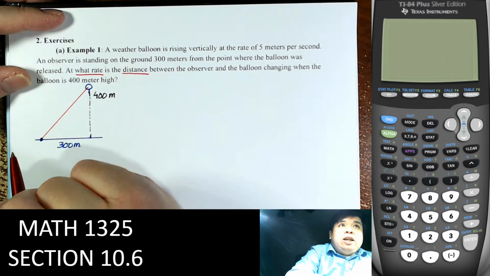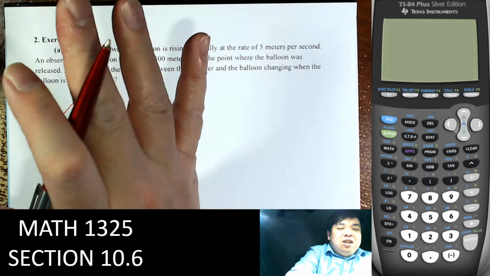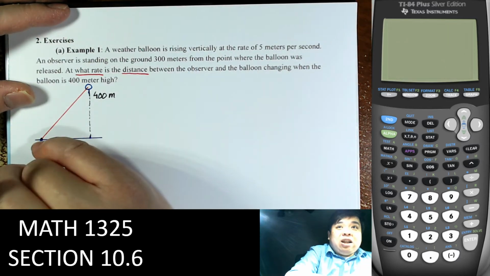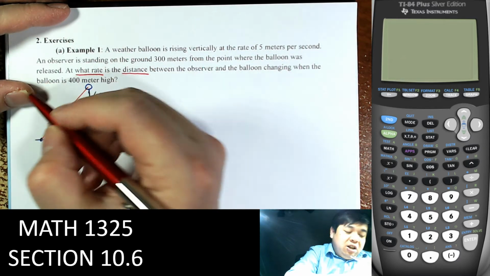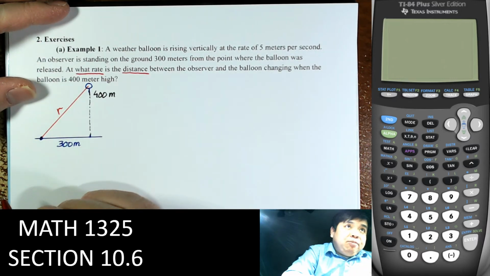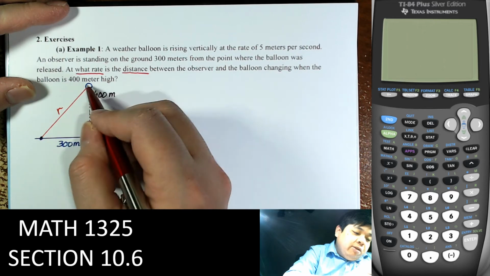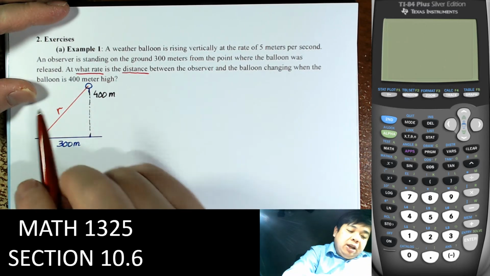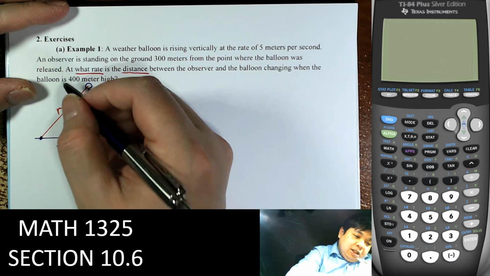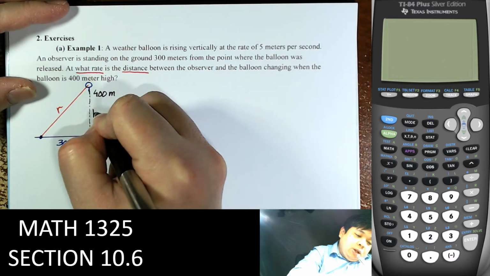By the way, if the distance we use d, that doesn't sound right. So we use something else. Let's say the distance is r between the observer and the balloon, and the height of the balloon is, let's say, h.